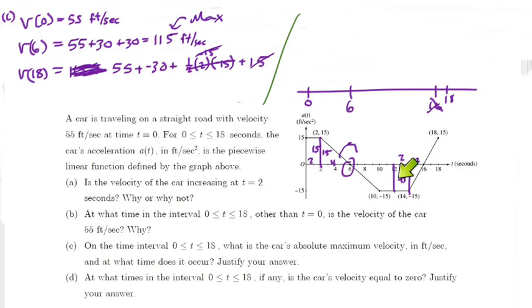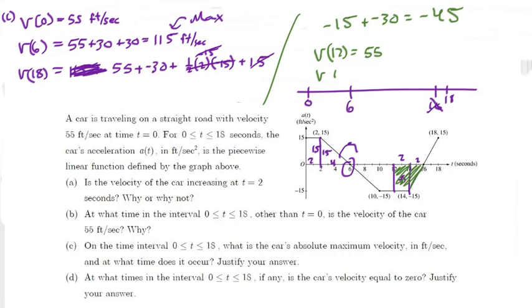What was the total area right here of this guy? It was negative 15 and negative 30. So that's negative 45. So at V of 12, we know that we're at 55.